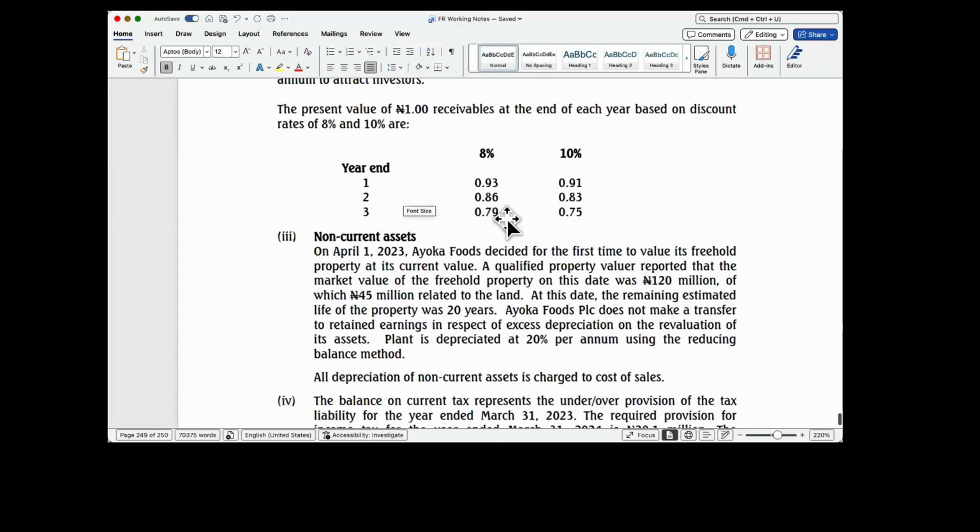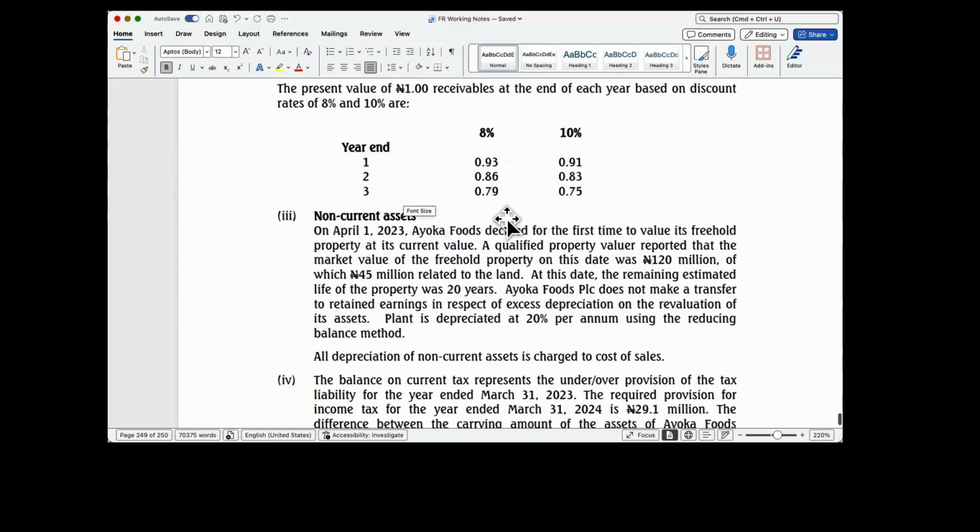3, non-current asset, says on April 1st, 2023, Ayoka Foods decided for the first time to value its freehold property at its current value. A qualified property valuer reported that the market value of the freehold property on this date was 120 million, of which 45 million related to land.